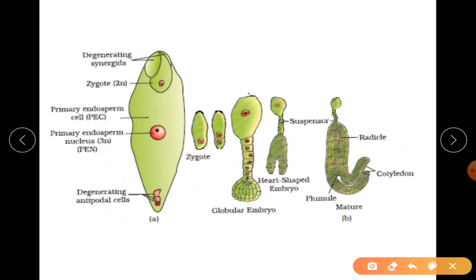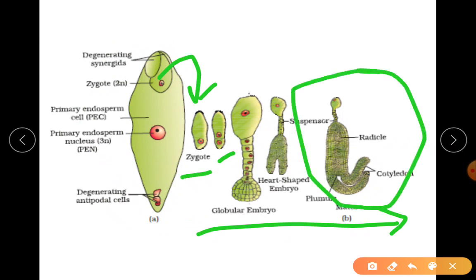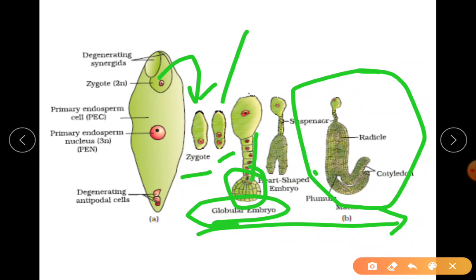See the steps. The zygote is enlarged here. In the first step, one division occurs. They are all mitotic divisions up to here, forming the proembryo. The zygote produces the embryo. So the first step is the proembryo. Then you can see the globular embryo, a globe-like structure on a stalk.